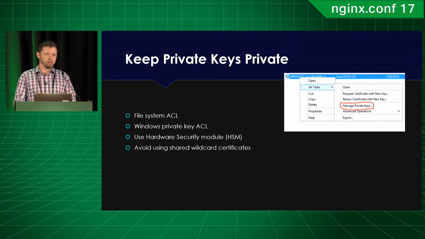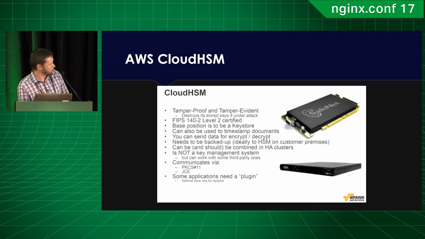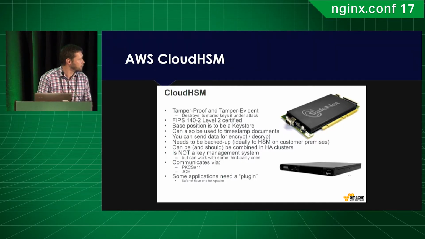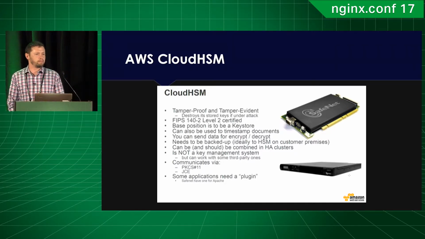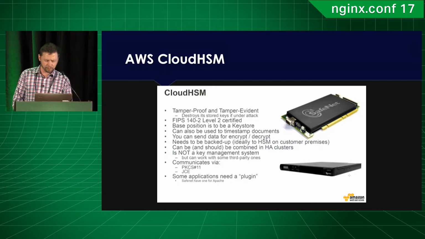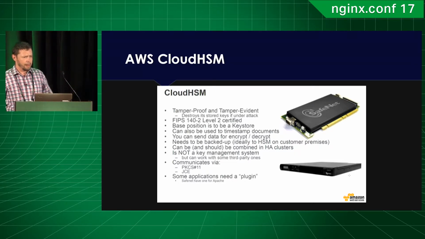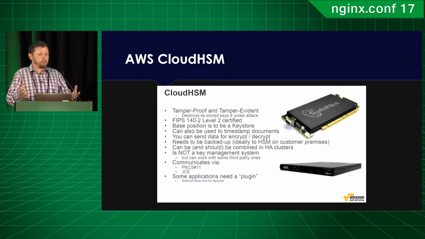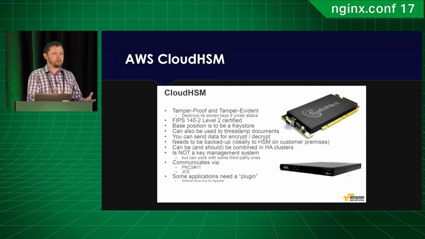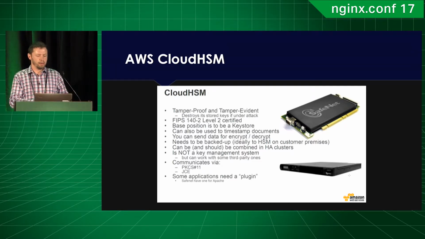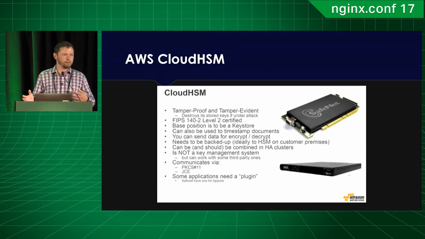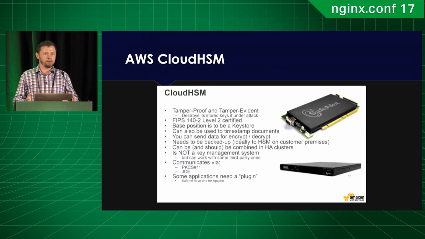What is a hardware security module? I have a small slide deck from Amazon. They have a product called CloudHSM, which is basically an implementation of the hardware security modules running somewhere at an Amazon data center. You can build a cluster of these hardware security modules, and you can distribute the private keys.